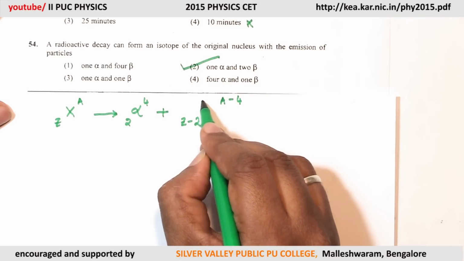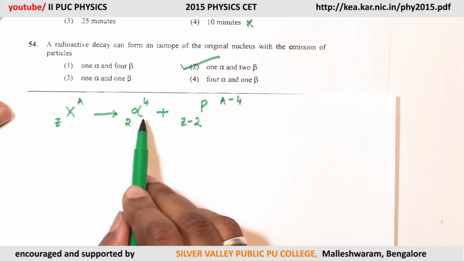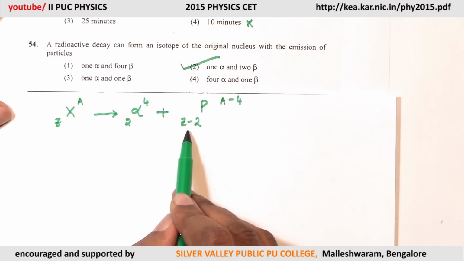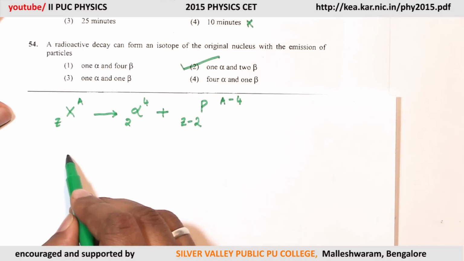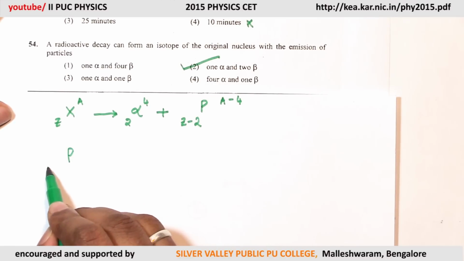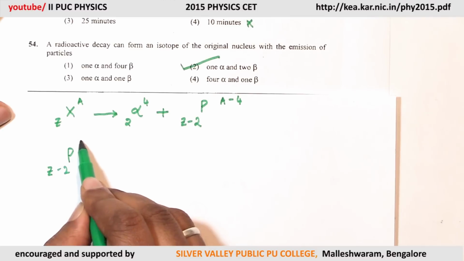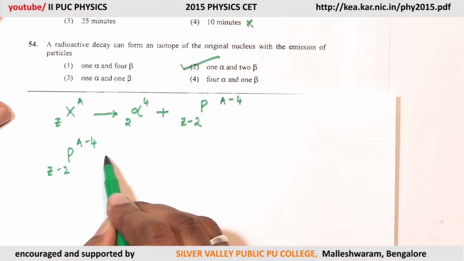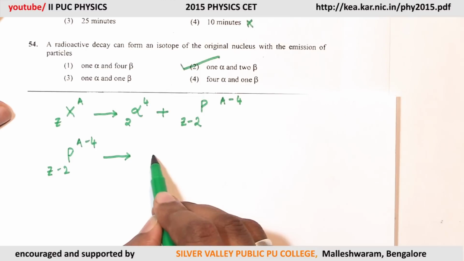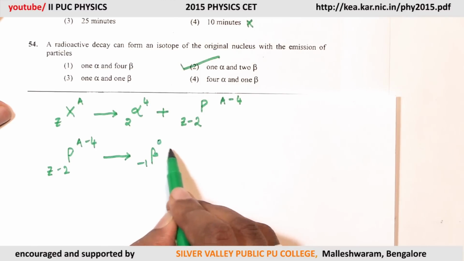Let it be element P. With the emission of alpha, atomic number decreases by 2. Now P, Z minus 2, A minus 4 emits a beta particle, which is minus 1, 0.